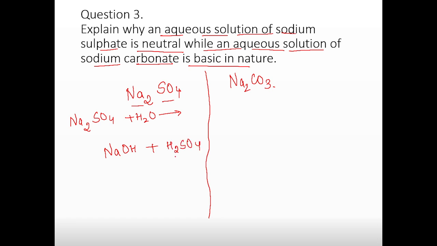So when NaOH and H2SO4 are formed out of Na2SO4 when it is dissolved in water, it directly says that this is the strong base and this is your strong acid.